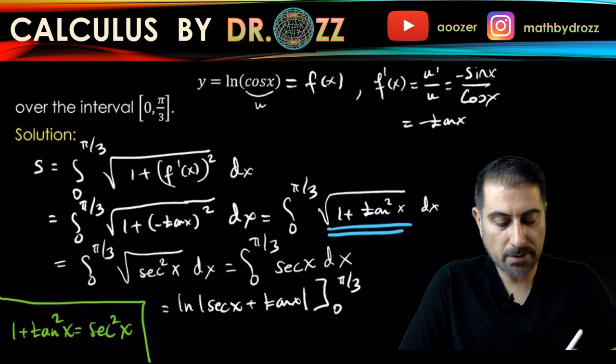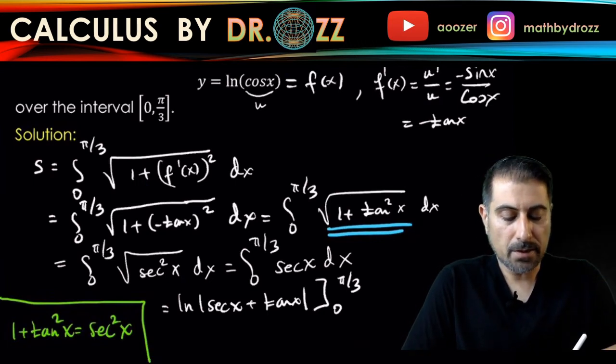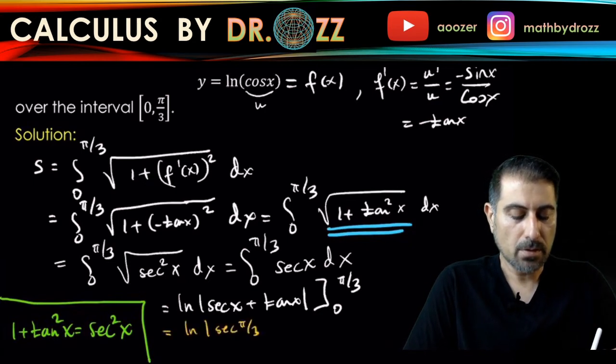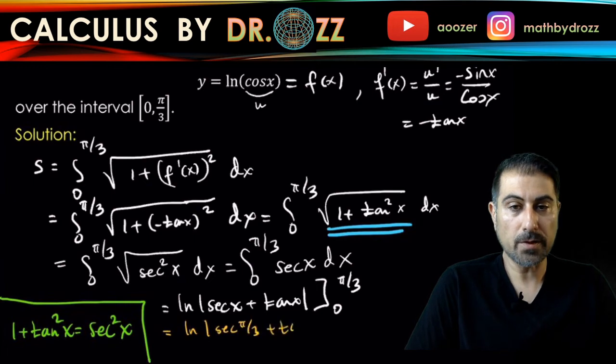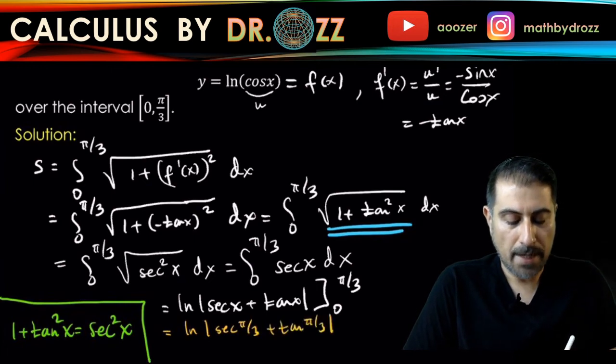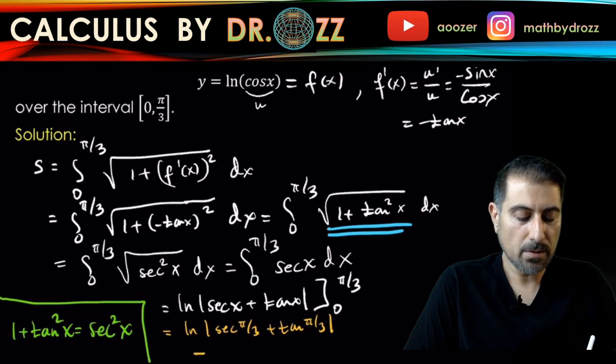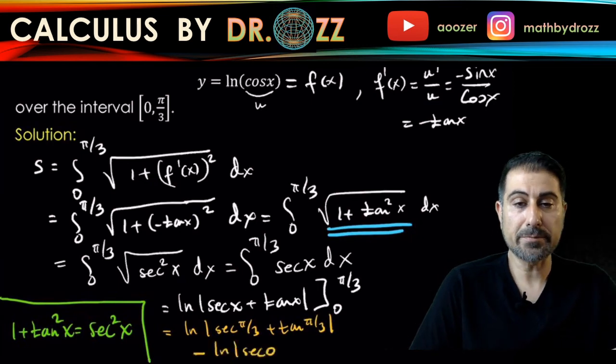So let me write with another color here. I'm going to plug in the upper limit. So that is ln of the absolute value of secant pi over 3 plus tan pi over 3, minus ln of the absolute value of secant 0 plus tan 0.